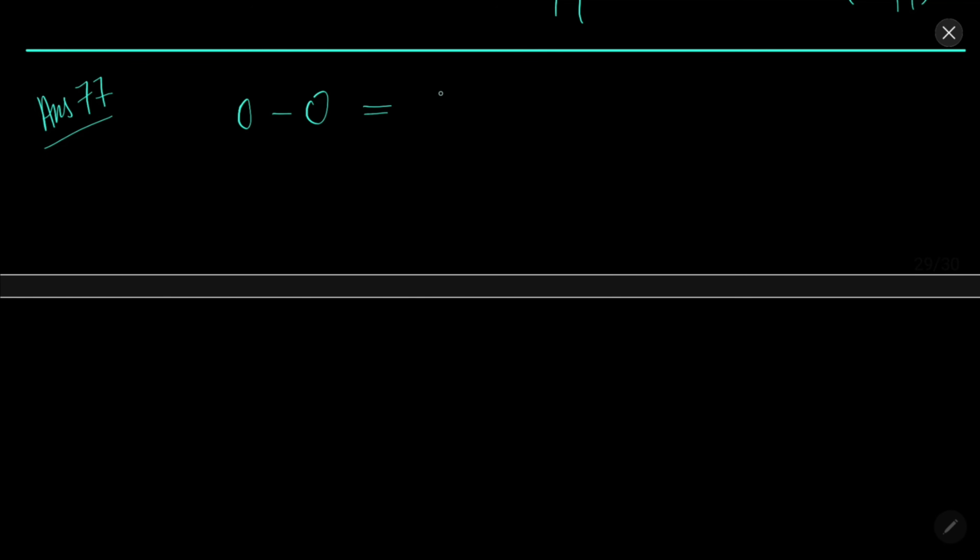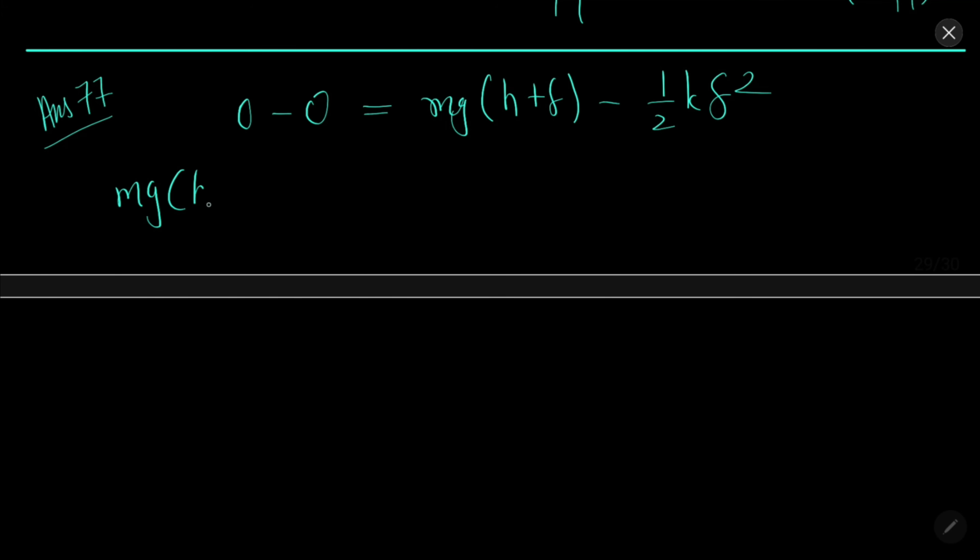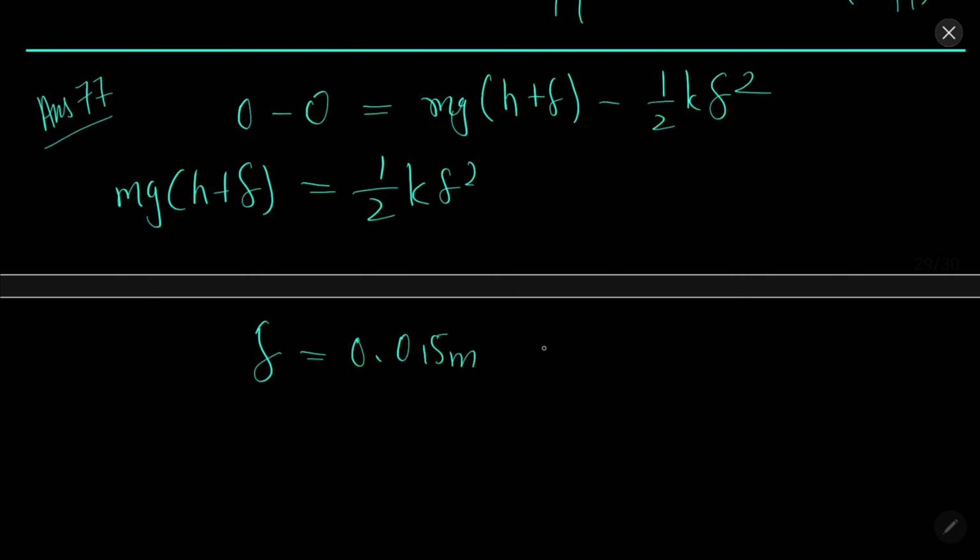So kinetic energy is 0, work done or potential energies are this. So initial energy equals final energy. Let's call this delta. So mgh plus delta equals half k delta square. So delta will come out to be 0.015 meters.